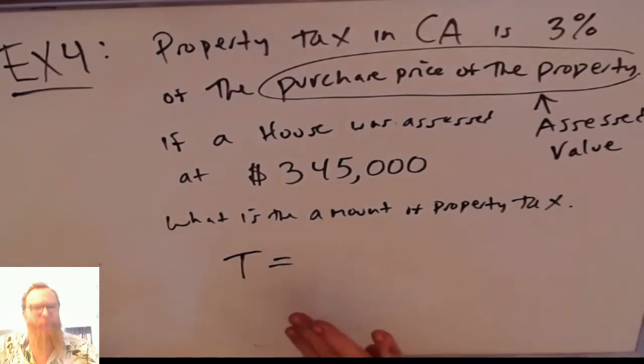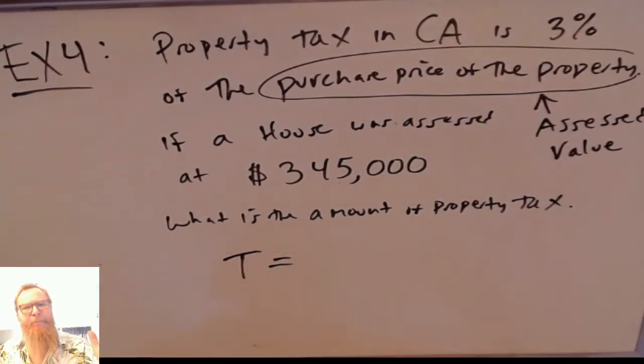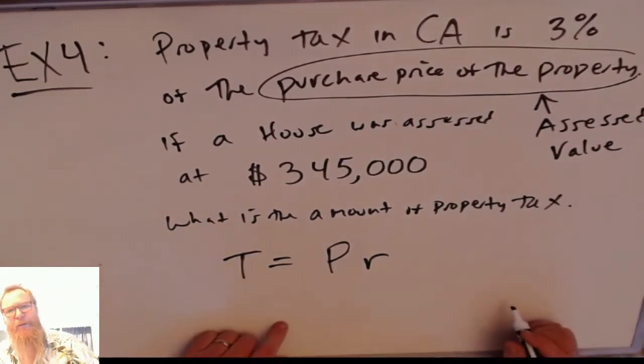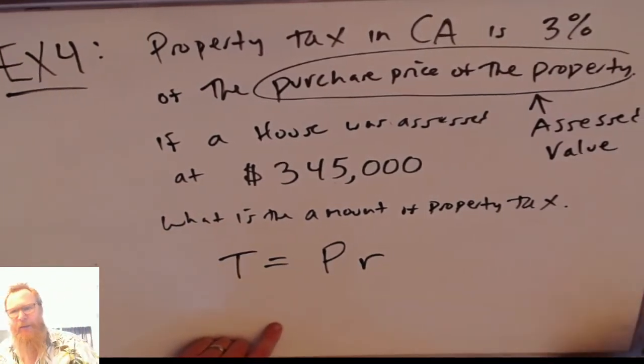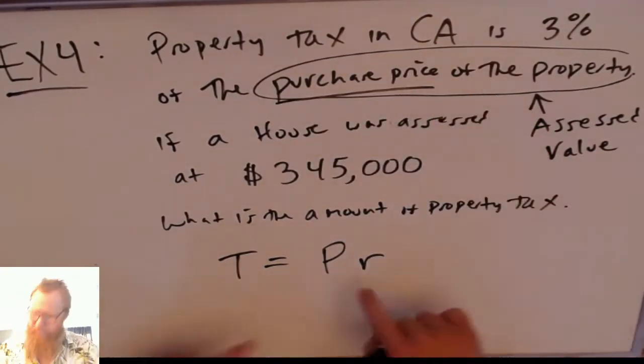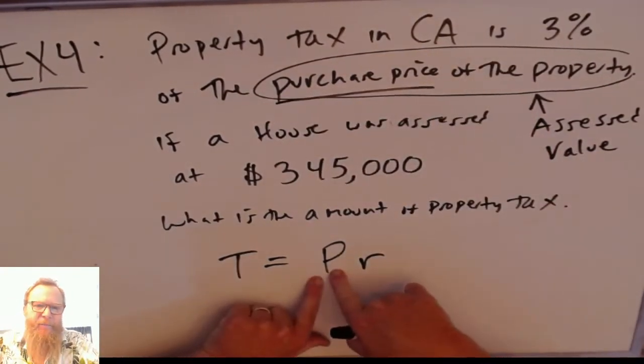So this is really just kind of a repeat of example 1. I'm just asking for the tax. That's all I want right now. In fact, even easier than example 1. So it's the P times the R. Assessed value, purchase price, P. It's also called the principal. That's another name for it.